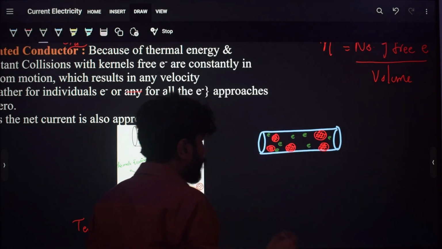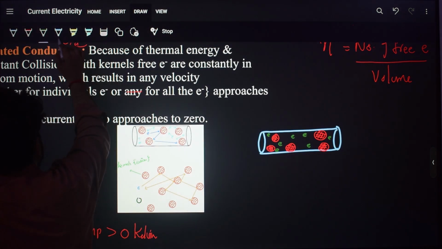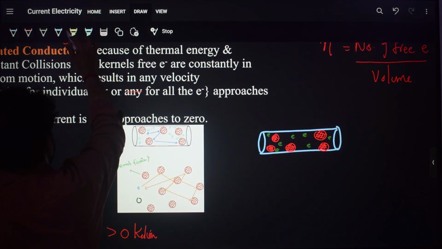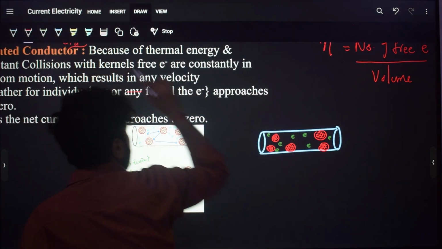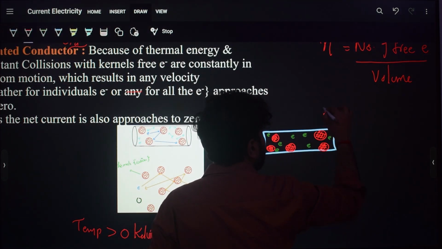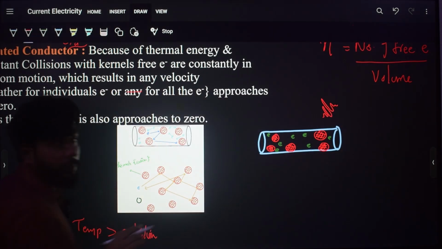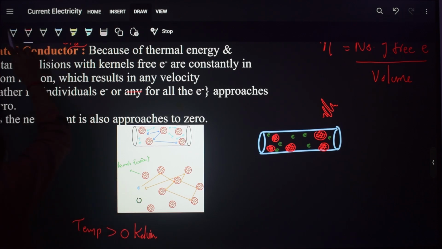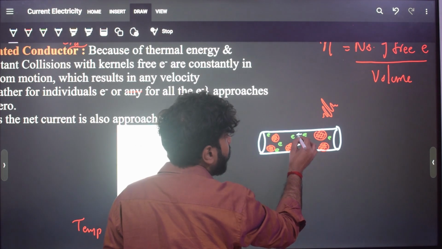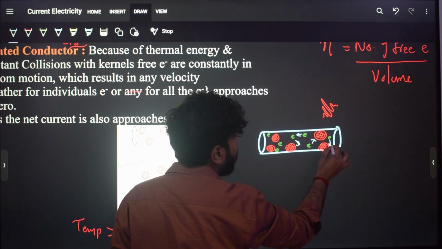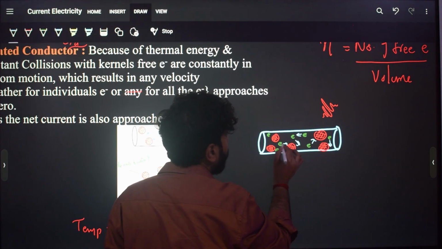And because the temperature is more than 0 Kelvin, these free electrons will get some kinetic energy, and because of this kinetic energy they will be constantly moving in random directions, and they will have constant collisions with kernels.